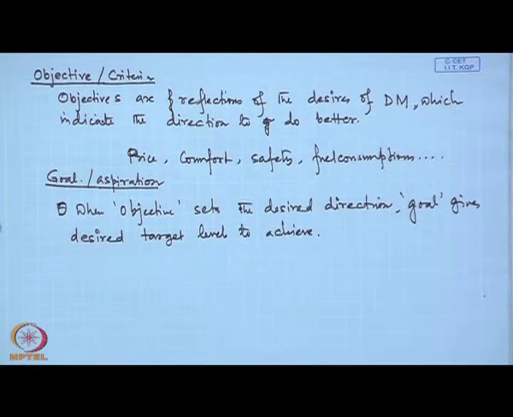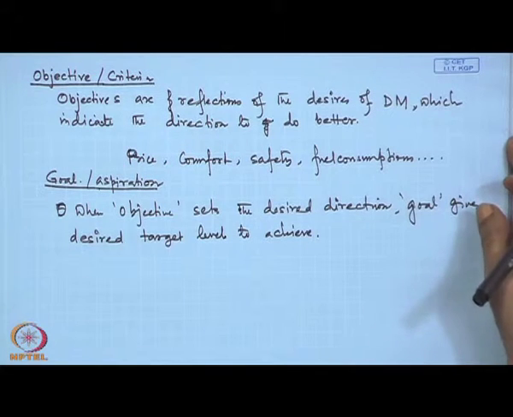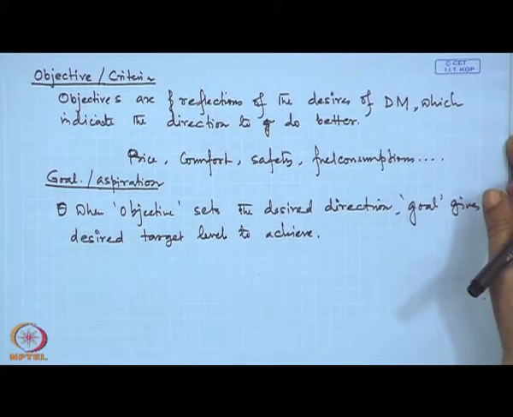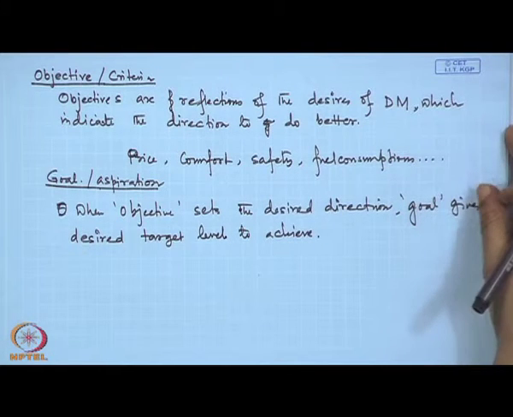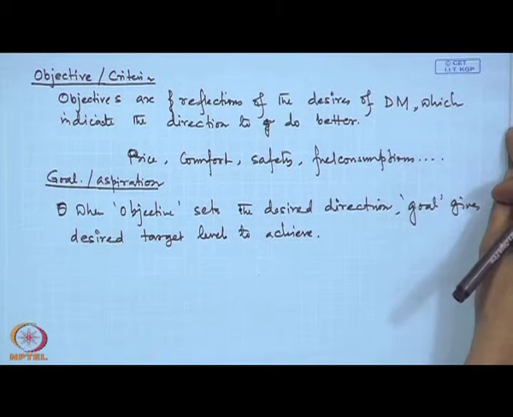For example, an organization wants to maximize the profit, at the same time they want to minimize the cost, all kinds of costs together, setup costs, manpower costs, etc. At the same time they want to minimize the manpower for the organization, but they want to maximize the customer satisfaction, that is the goodwill of the organization.